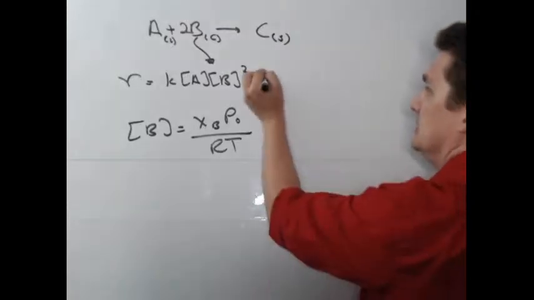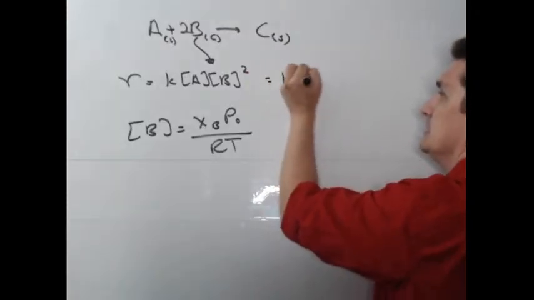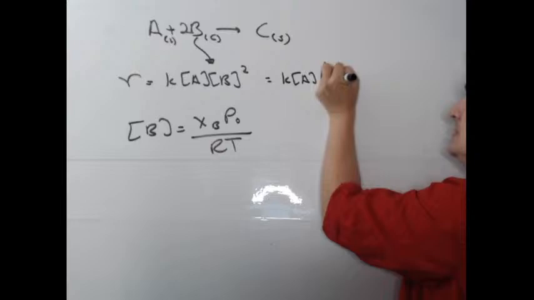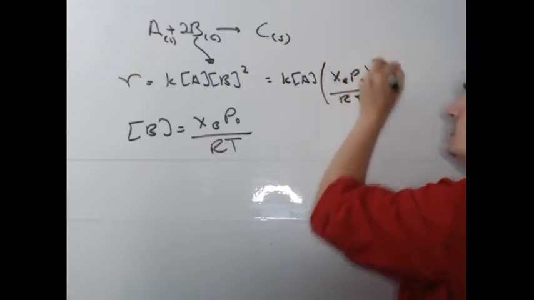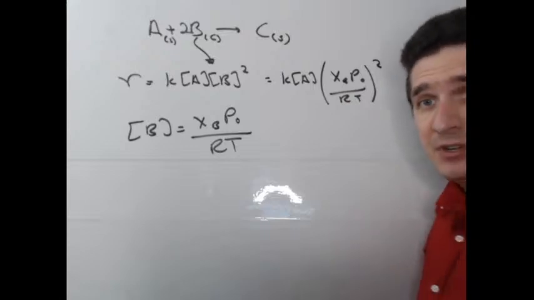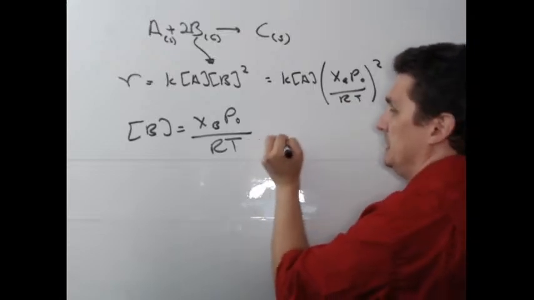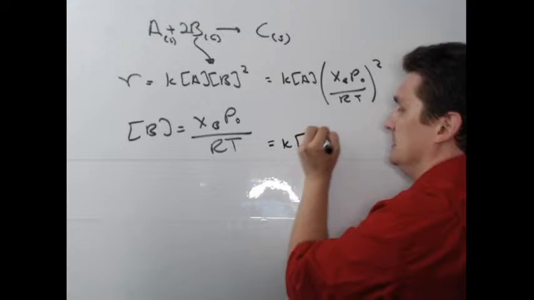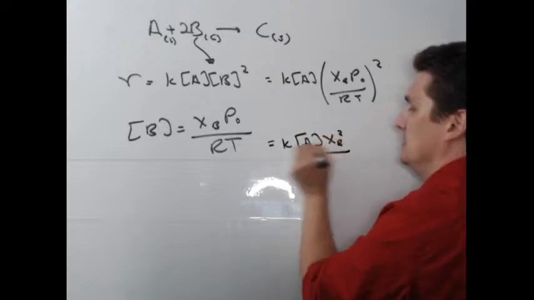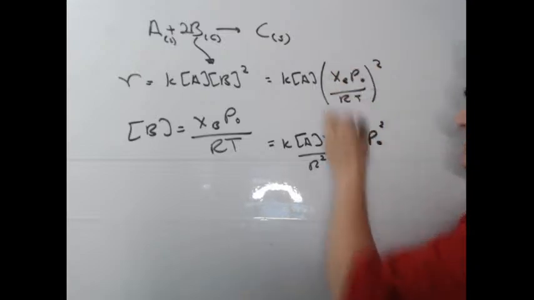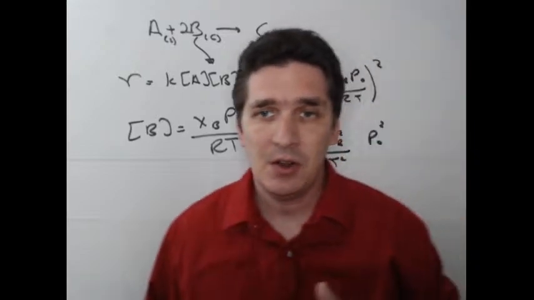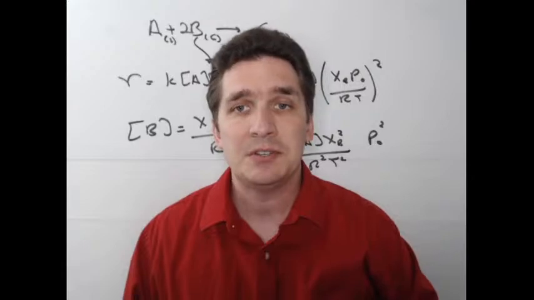So we plug it in, and we get K, concentration of A, times mole fraction of B, P naught over RT, quantity squared. And if we start factoring things out, we'll get K, A, XB squared, over R squared T squared, times P naught squared. So this tells us that overall there is a second order pressure dependence.